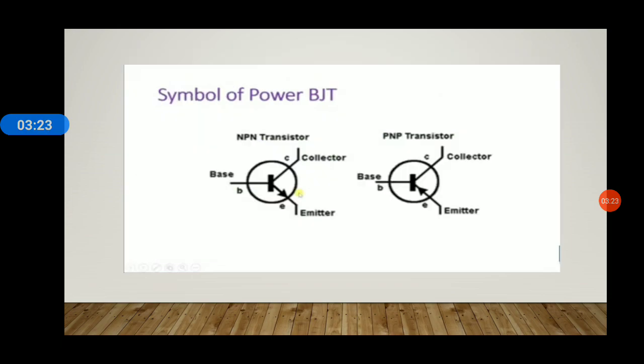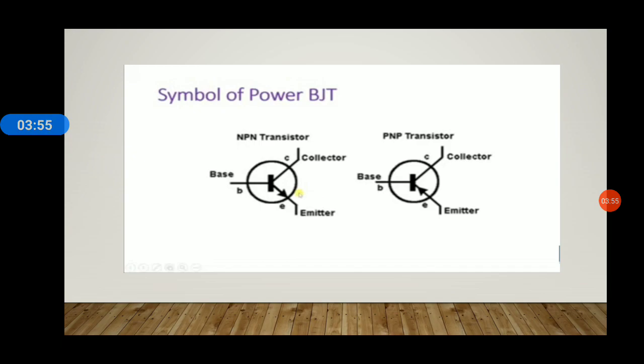Now, the symbol of power BJT is given here. As we know, as in the normal case of a low power BJT, it is of two types, that is an NPN transistor and a PNP transistor.